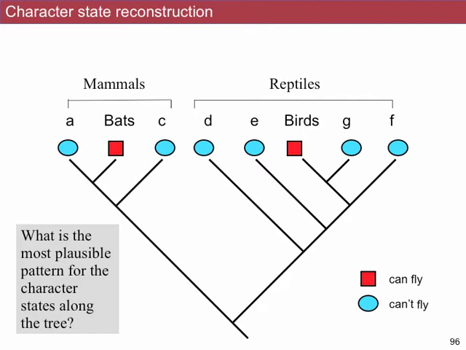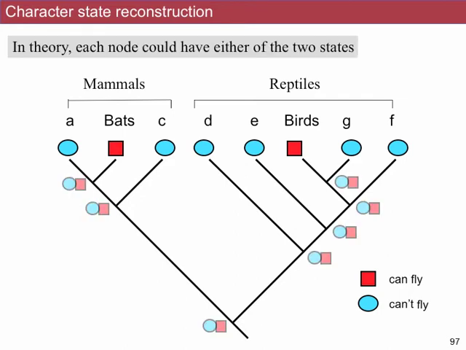We're going to focus on reconstructing what happens at the nodes in the tree. So what we ask is, what is the most plausible pattern for those character states in the ancestors at every one of these nodes? Here, here, here, here, here, here, and here. In theory, each one of those nodes could be either can fly or can't fly.